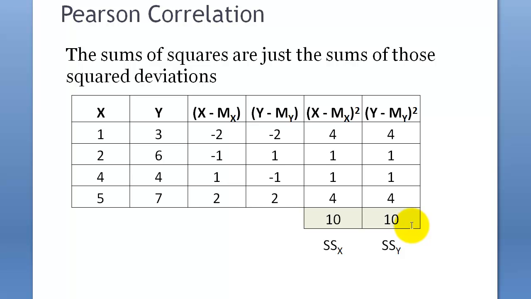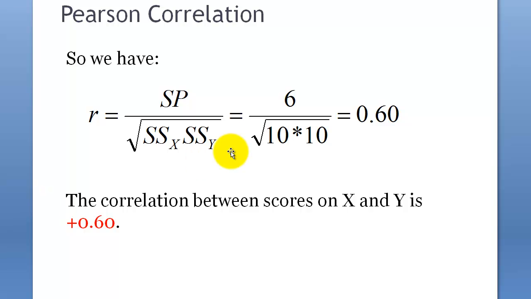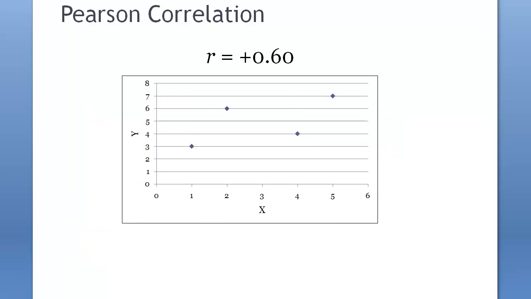The deviation is going to be caused by a slightly off slope. So in this case, that's going to be 6 over 10, which is 0.6. So the correlation between scores on x and y is positive 0.60.